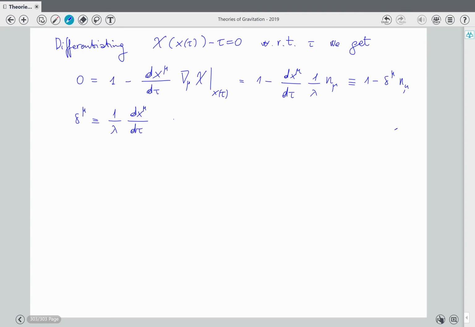Delta mu is a vector field that maps sigma tau into sigma tau plus d tau, let's say, infinitesimally. You could take the normal, but this is not uniquely defined.